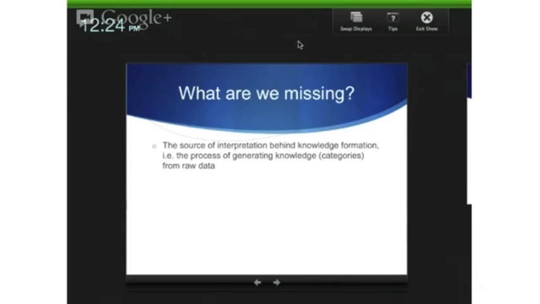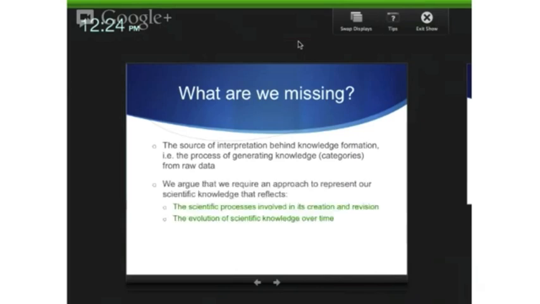So the interpretation behind a knowledge structure actually depends on the process that it goes through. The knowledge is hidden behind that process, which we normally ignore. So we lack a model that could capture the process at the same time the knowledge is generated.